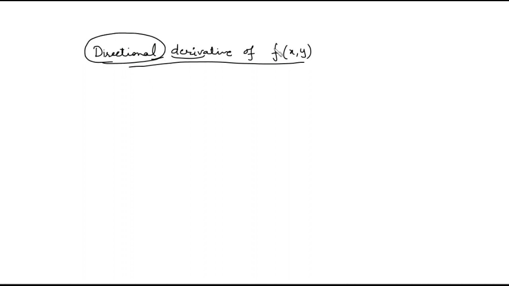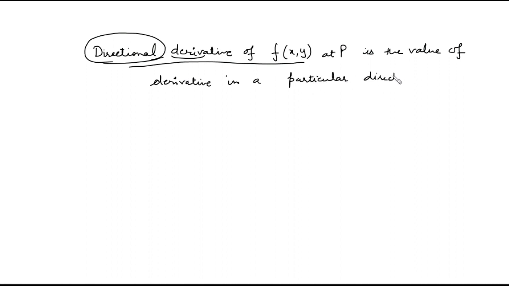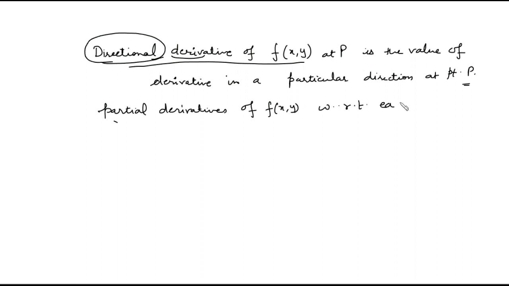So the directional derivative of the function at any point P is the value of derivative in a particular direction at a point P. The partial derivatives of the function with respect to each independent variable, they are the special case.